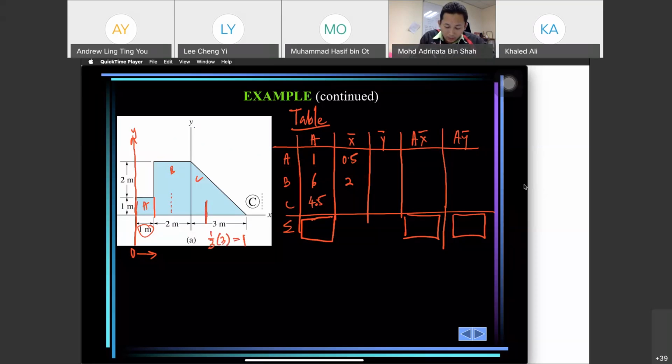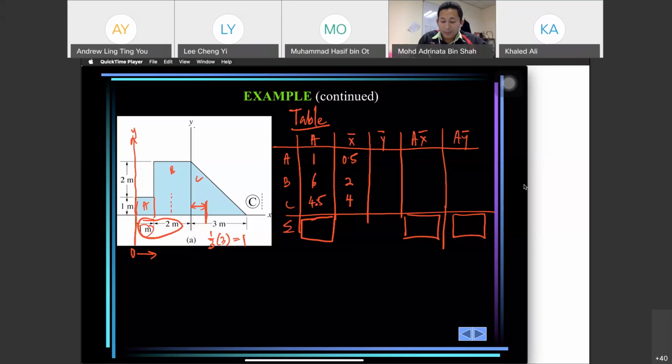So this is 1 plus another 3. So 3 meter plus 1 meter is equals to 4 meter. Okay, now, any questions?